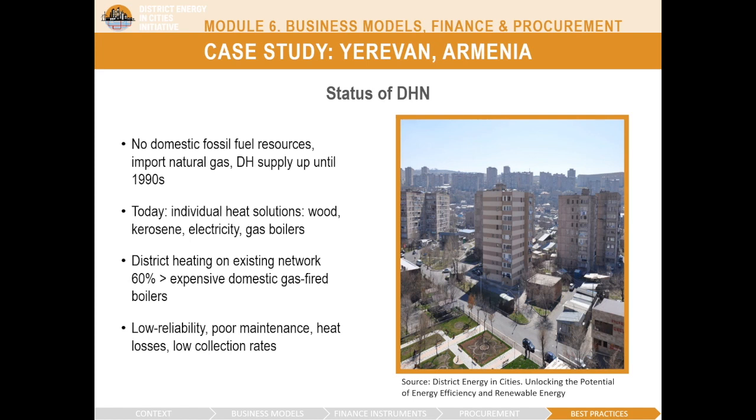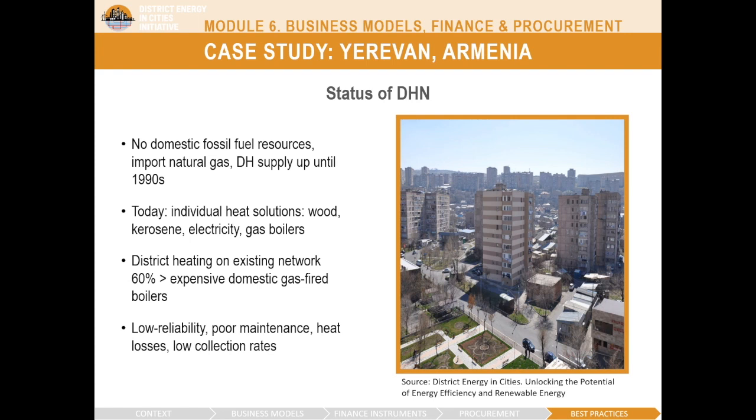By 1992, however, municipal district heating had virtually disappeared. During the early 90s, regular interruptions of gas imports forced the population to rely on individual heating solutions such as wood, kerosene, and costly electricity.